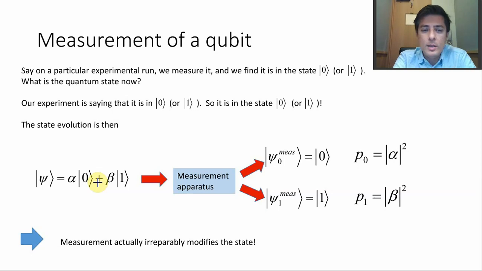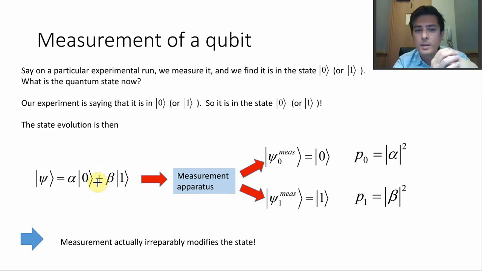So measurement in quantum mechanics is a destructive process, and this is a bit different to what we know from classical physics. If I go back to my ball flying through the air example, just because I do some measurement and say that ball is in that position and flying with that velocity, normally it doesn't change anything about the ball. The ball keeps on flying.